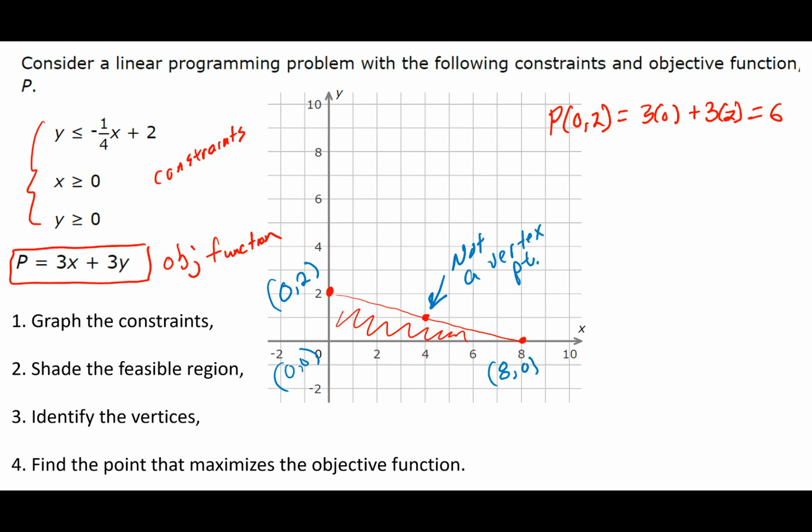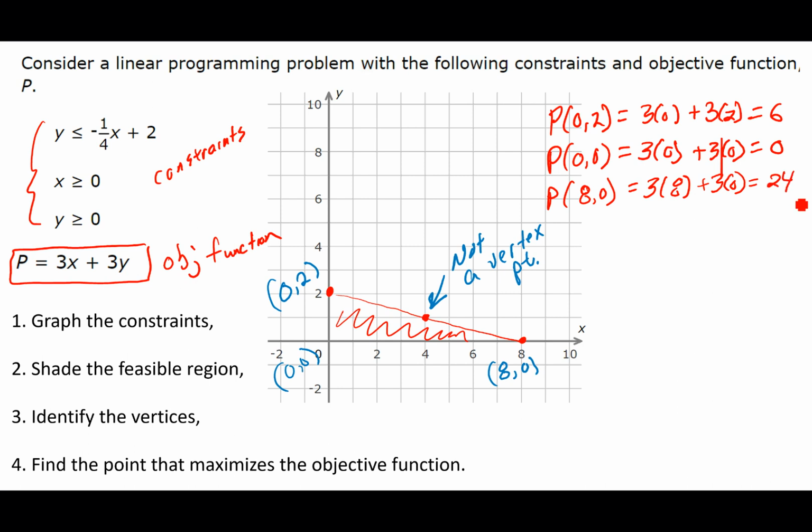That gets 6. I could have P of 0, 0, 3 times 0 plus 3 times 0, and end up with 0. And then I can have P of 8, 0, which is 3 times 8 plus 3 times 0. That would equal 24.